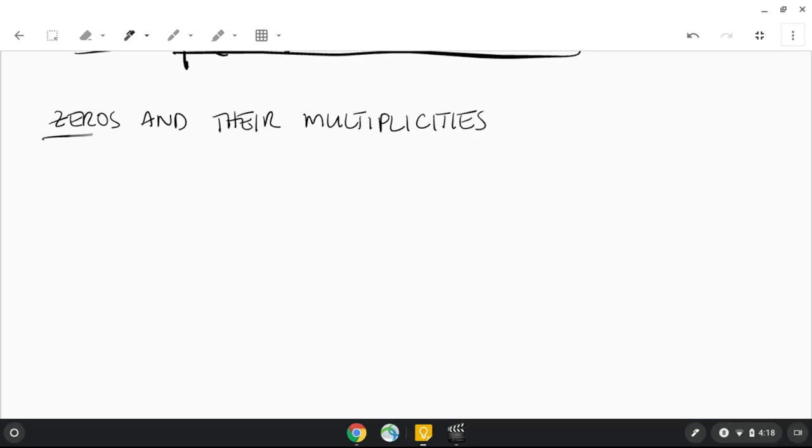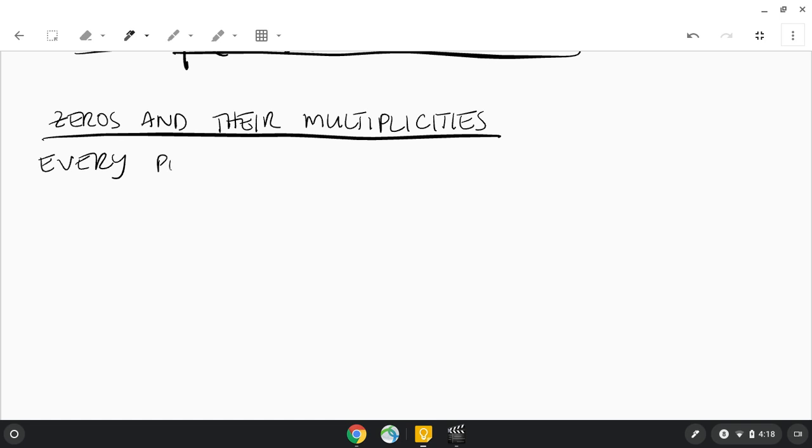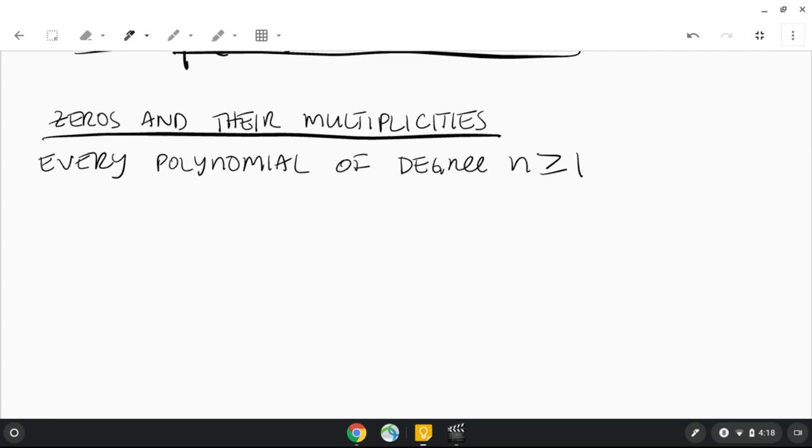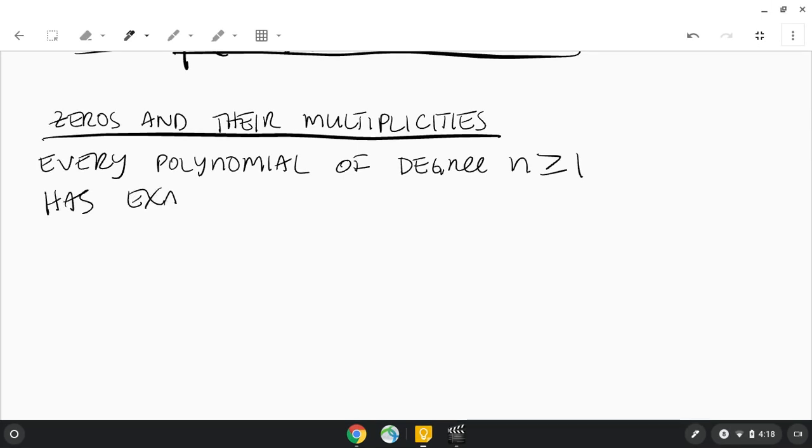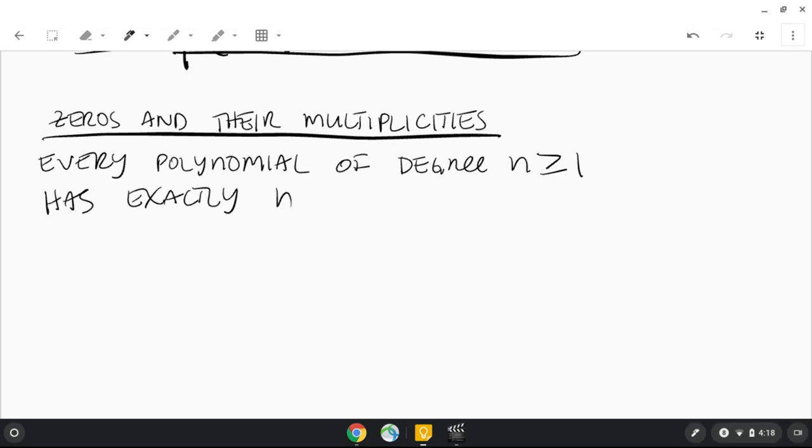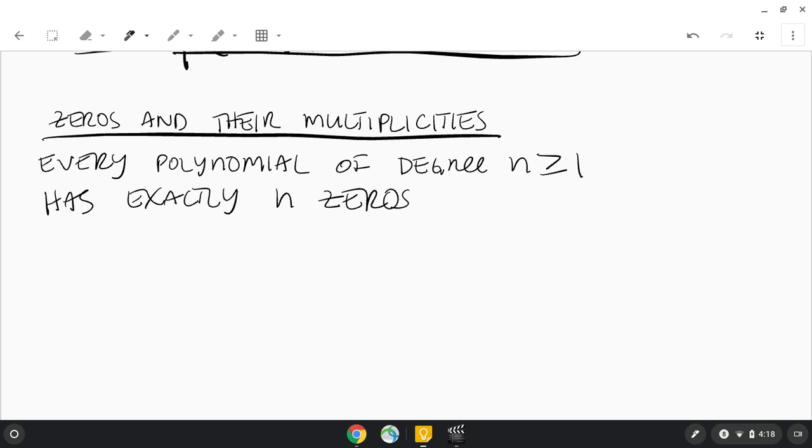Okay, so it turns out that every polynomial of degree n, and of course this n is greater than or equal to 1, has exactly n zeros. So if it's a degree 3, it'll have 3 zeros. If it's degree 5, it'll have 5 zeros. If it's degree 4, it'll have 4 zeros, etc.